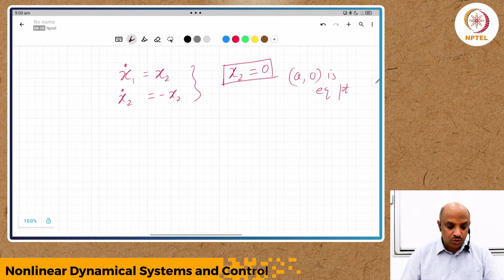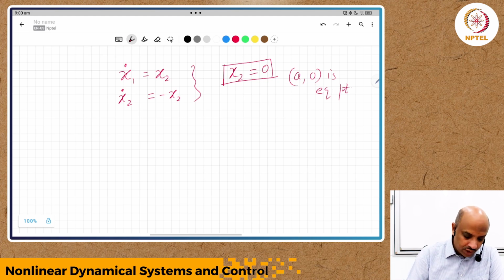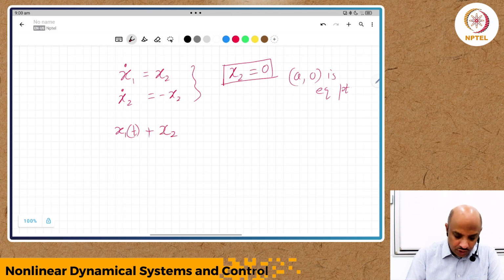every solution is going to remain bounded. So, how do I see that? One simple thing to do is to take x1 of t plus x2 of t. The derivatives, when you add them, you will get 0, right?